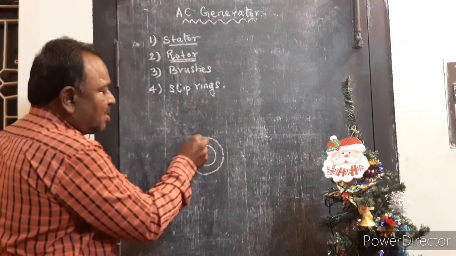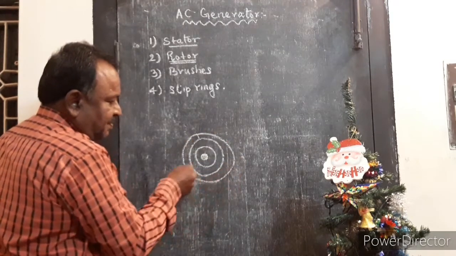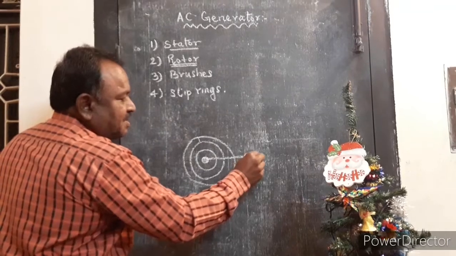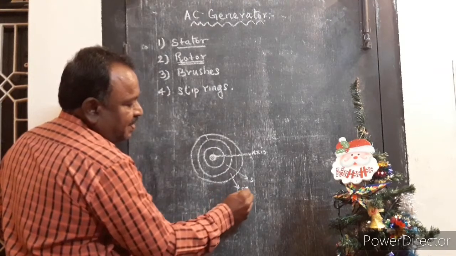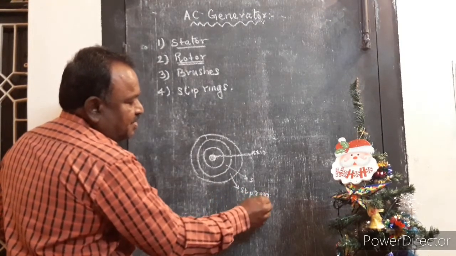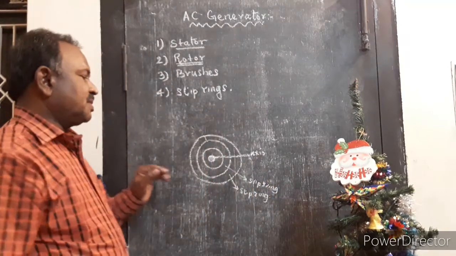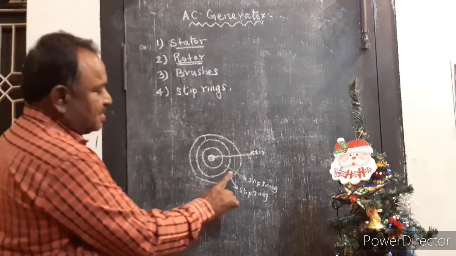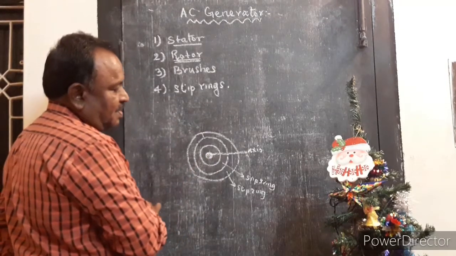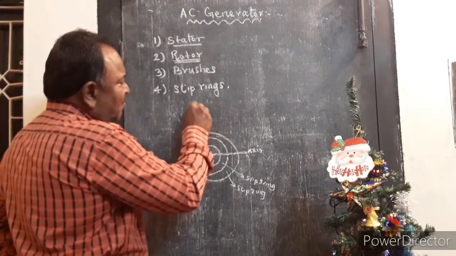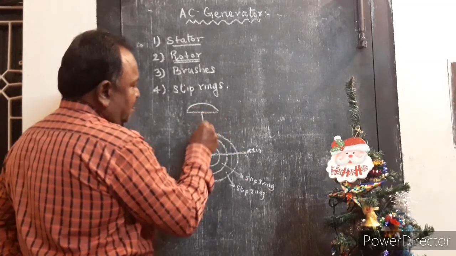These two slip rings are connected to the axis. This is the axis. These two are slip rings. These slip rings are connected to the axis. When the axis rotates, the slip rings will also rotate along with the axis. To the axis of the rotor, we have a pole.